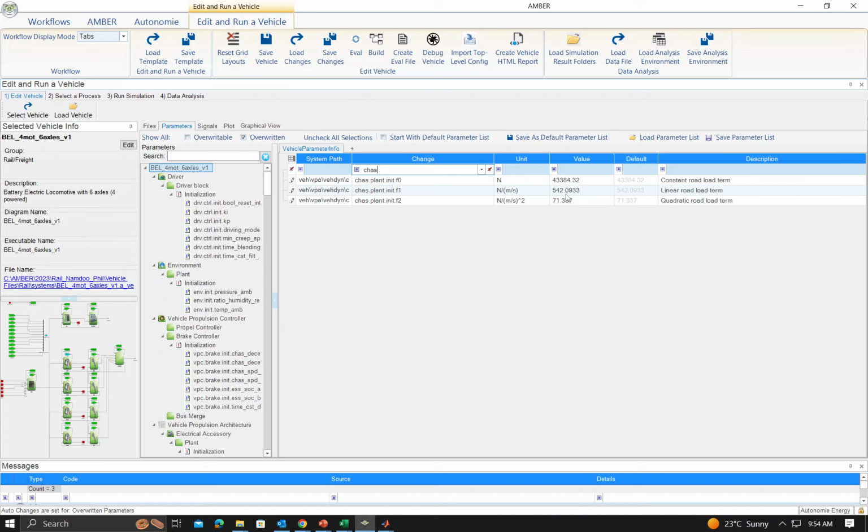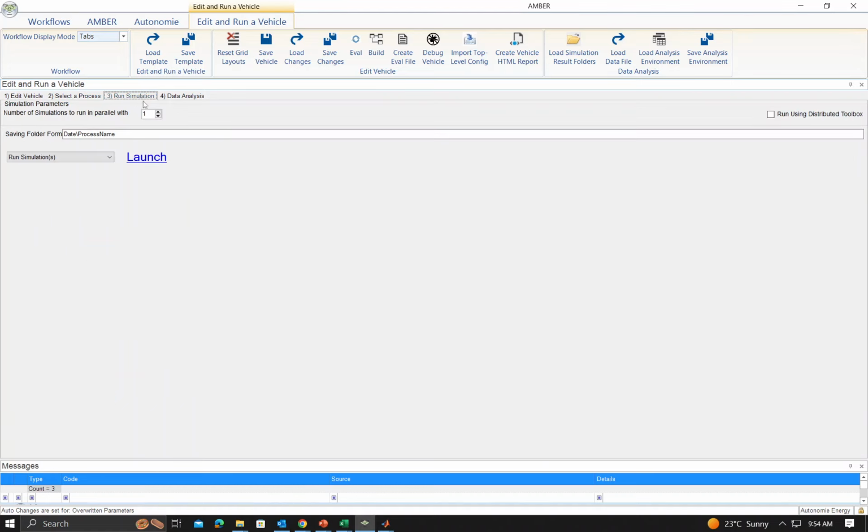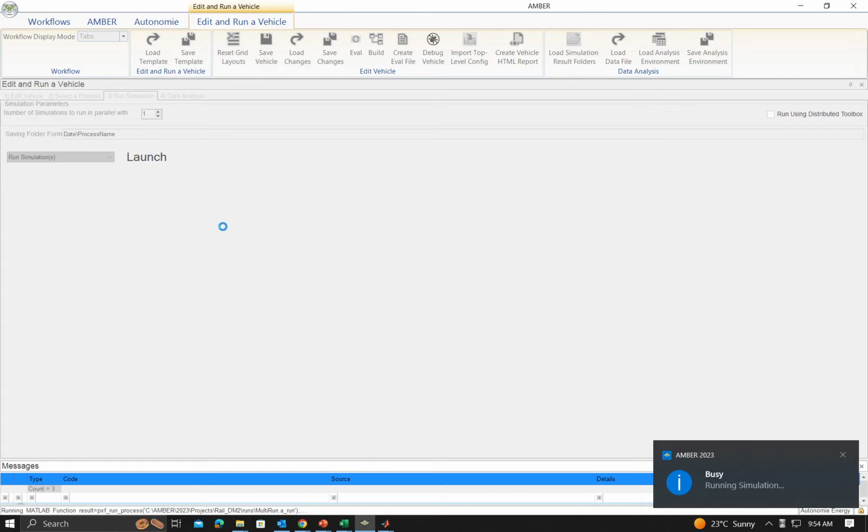But to do it quickly, I'm just changing the mass of the train to 2,500 ton and trying to check how far we can go and what impact it is going to have on the range of the train.